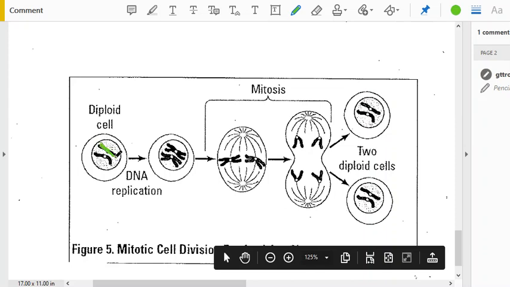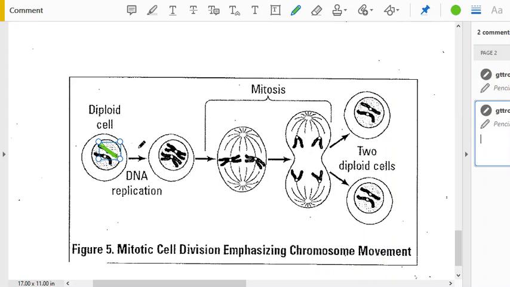So here is green, and just so that I don't have to do this over and over again, I'm going to go ahead and color everything green all at once. So here's the green chromosome here. Here's the green chromosome there. And you can go ahead and do this with me, and I'll walk through why it's working out the way it is.